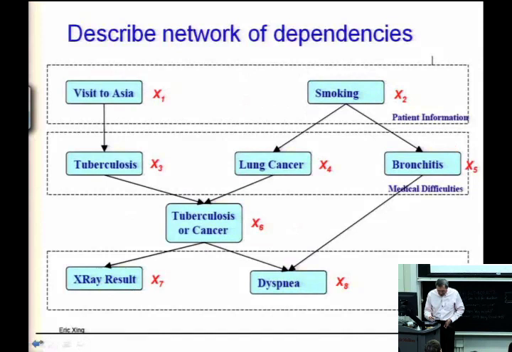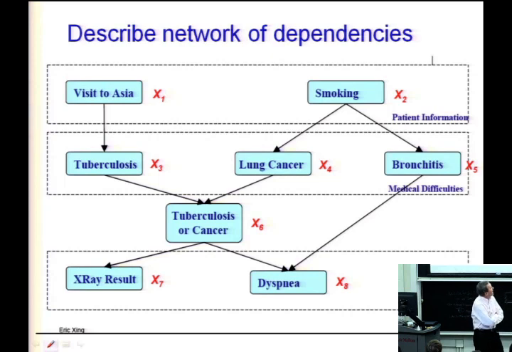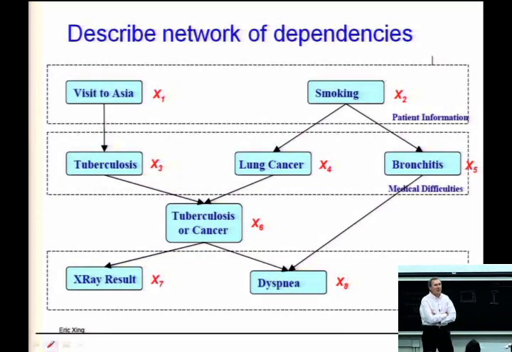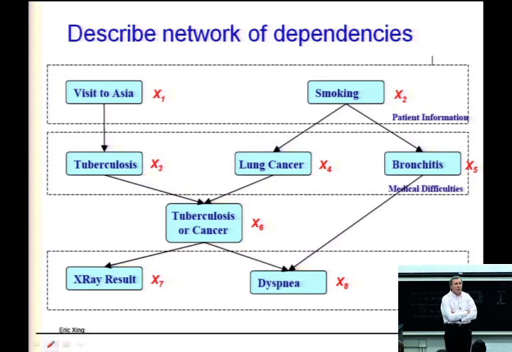Now, here's a typical Bayes net, where in this case, all those blue boxes represent random variables. And I might have a problem where I have data about each of those random variables. And I might be interested in learning the joint distribution over those, or maybe learning to predict the X-ray result of somebody based on whether they've been in Asia lately and whether they are a smoker. And so here's a typical Bayes net.